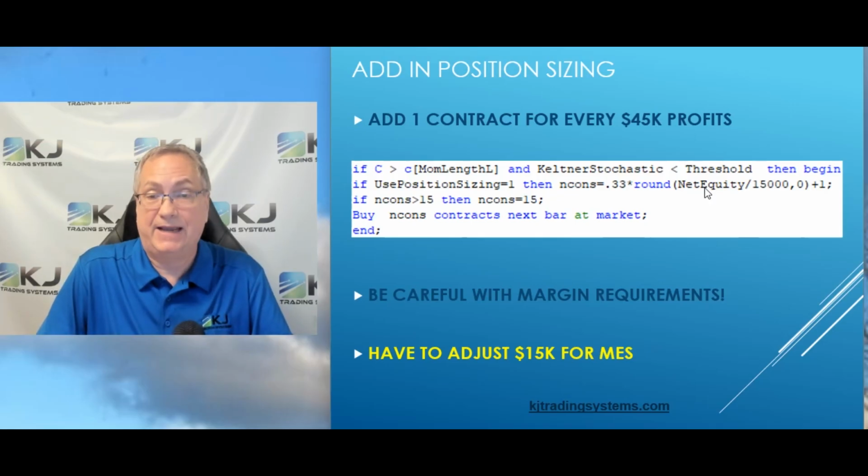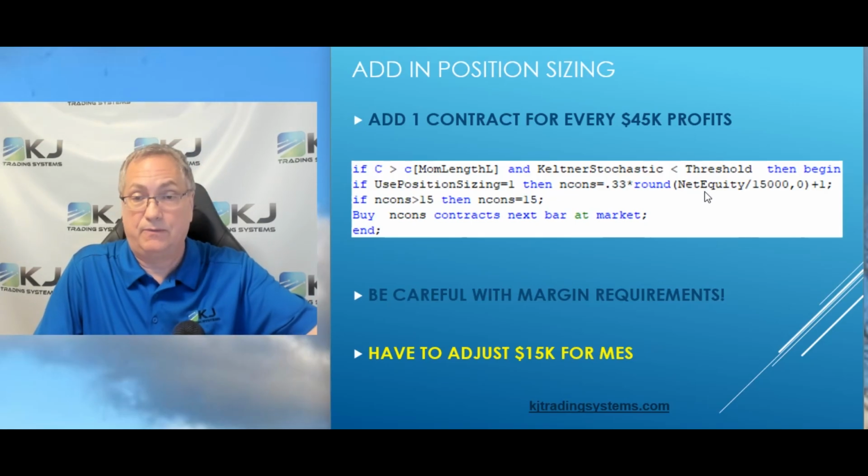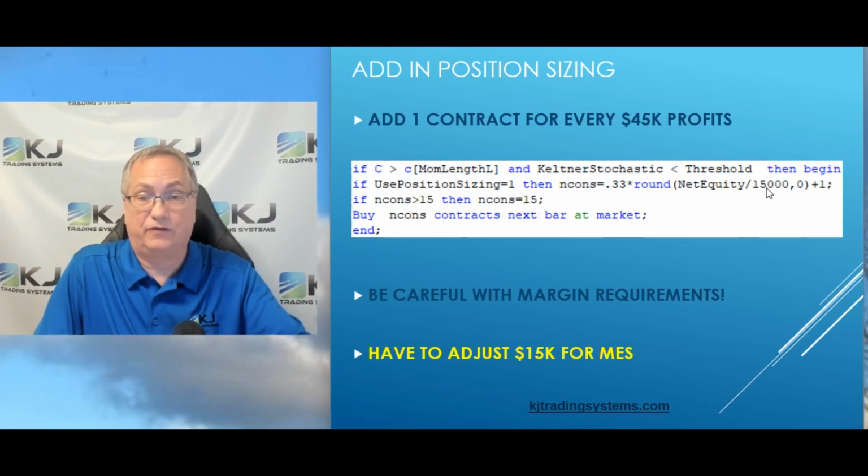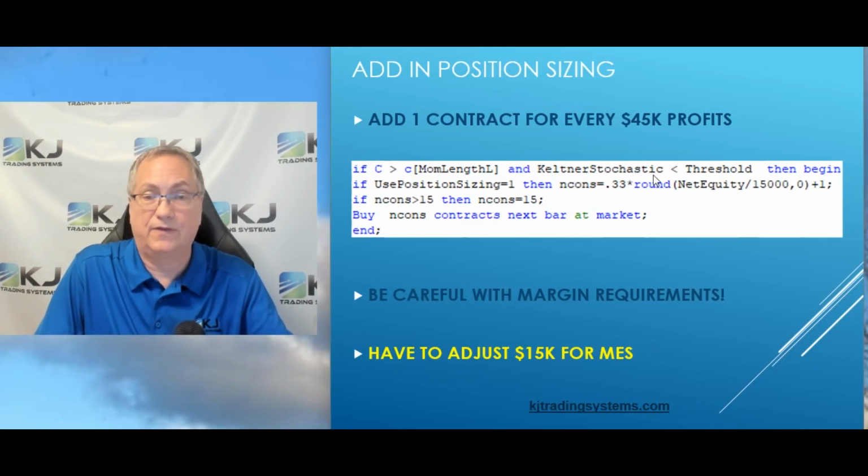And let's say my net equity was 45,000. So I've made money with this already. 45 divided by 15,000 is 3, times 0.33. That would round to 1. So then I'd be trading 2 contracts. And using that, I can grow the number of contracts I trade as I gain profit.